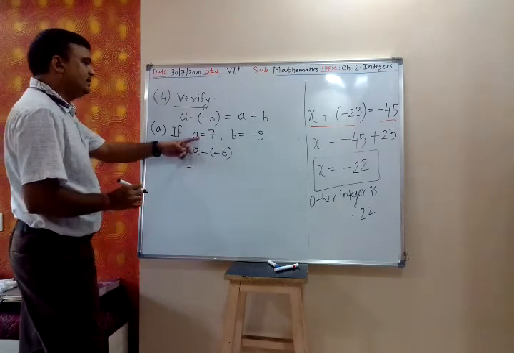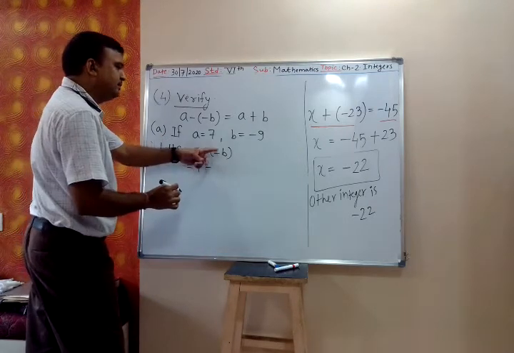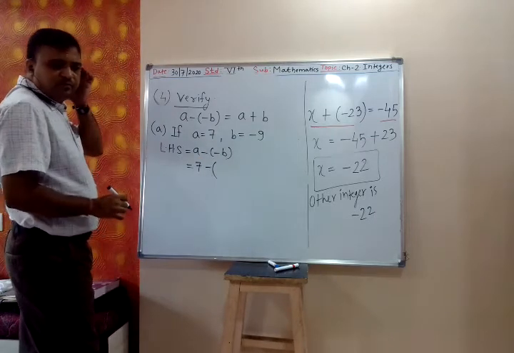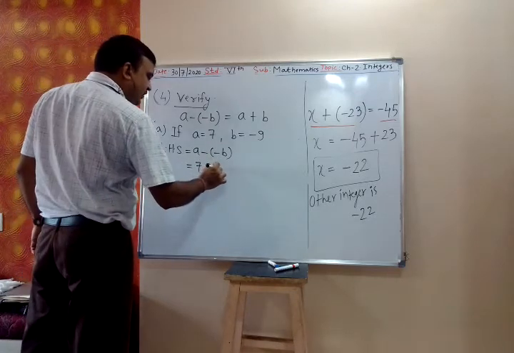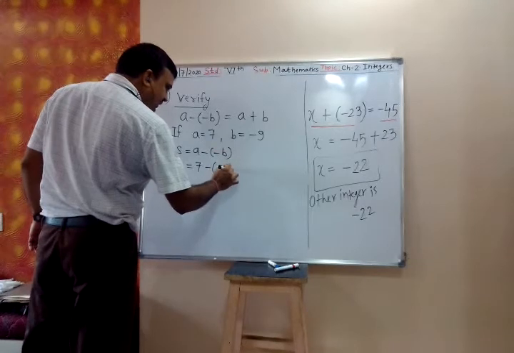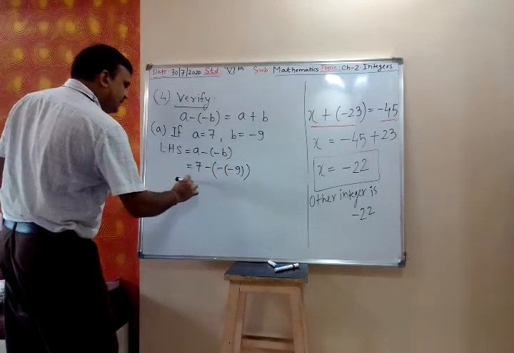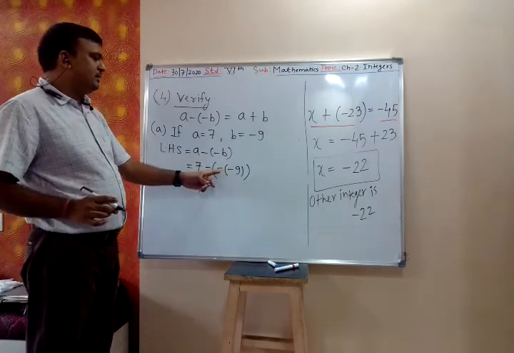What is a? 7, minus b. What is b? Minus of minus 9. So this is 7 minus, what is minus of minus 9?